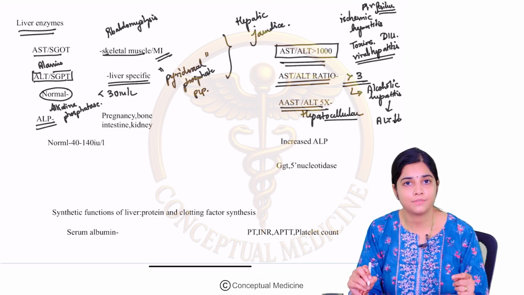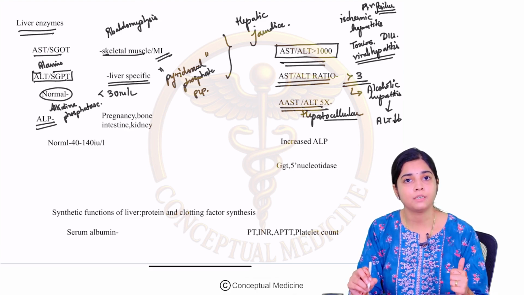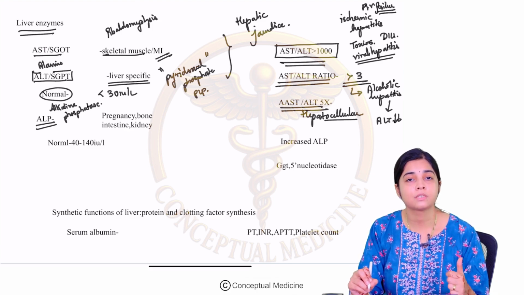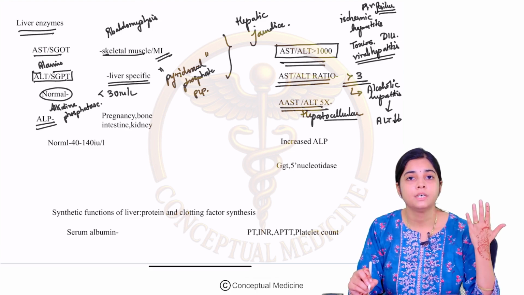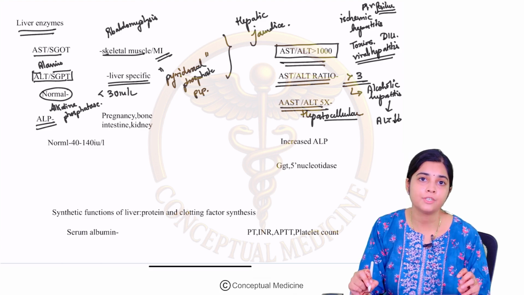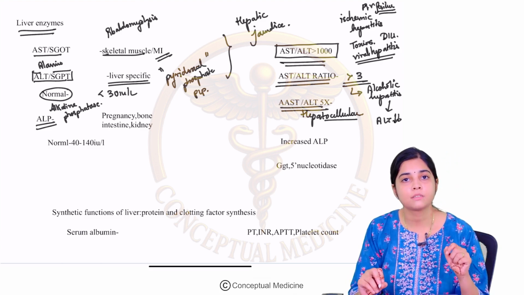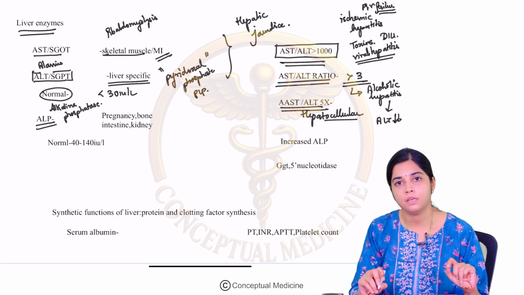The alanine transferase enzyme reduces to a greater extent when compared to AST. This is because in chronic alcohol consumption, they can have pyridoxine deficiency, loss of PLP activity, and hence ALT reduces much more when compared to AST.